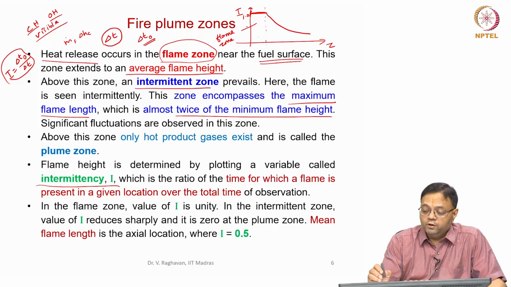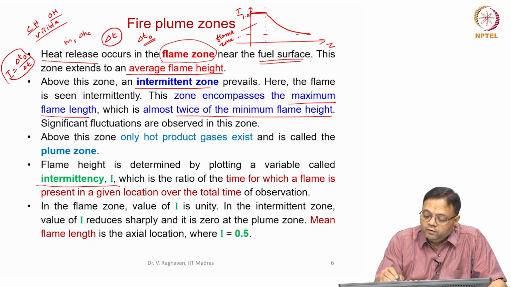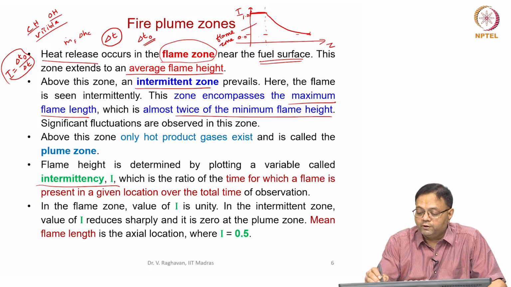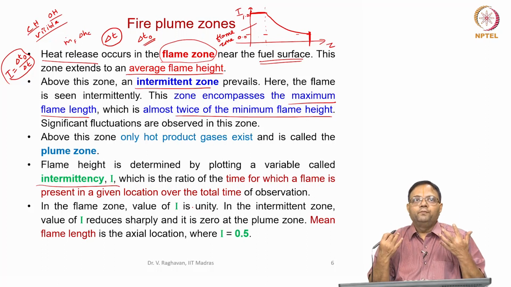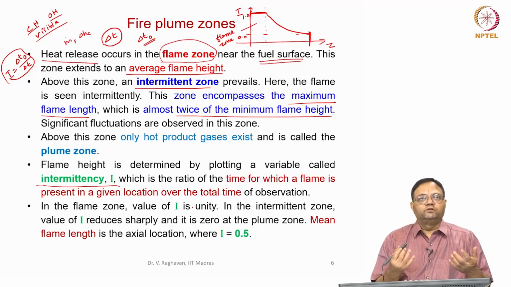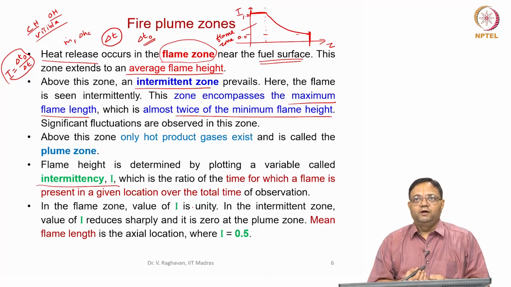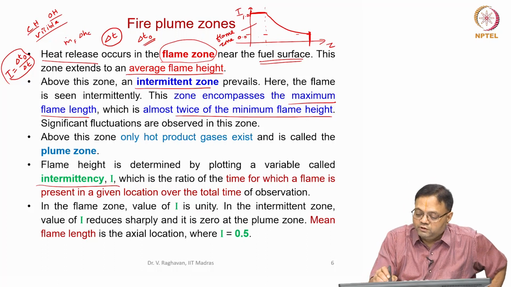Now, maybe this goes to 0 here. For example, this is 0. It goes to 0 at a particular height. That means after that, I don't have any features of flame like visible flame or CH-OH activities after a particular height.